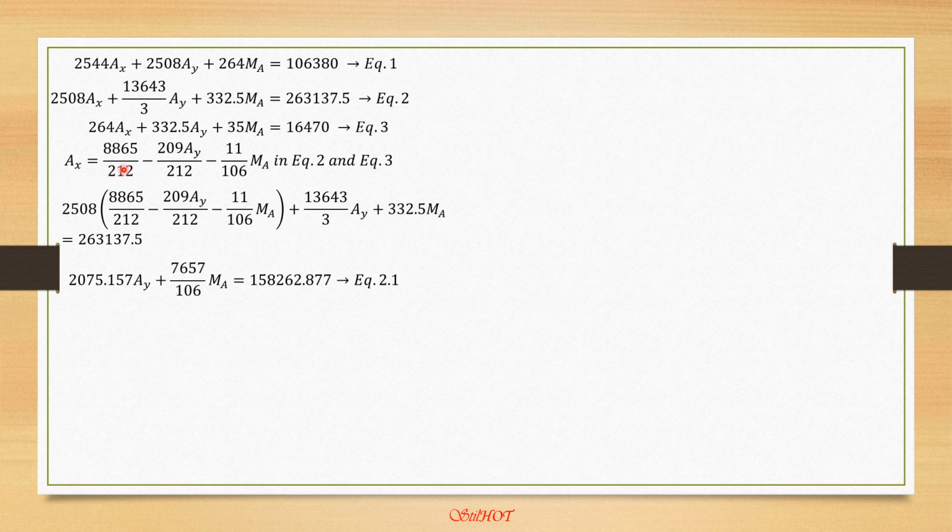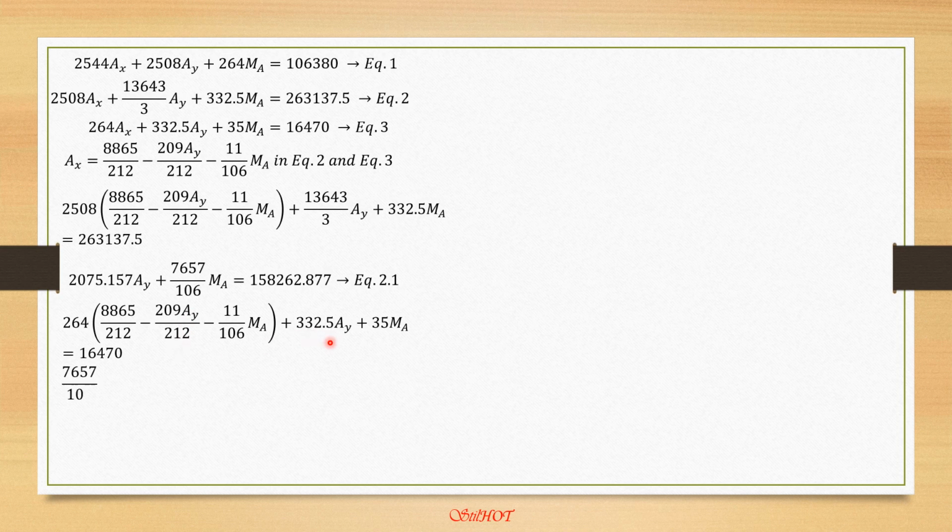Then the same value of AX into equation 3: 264 times 8865 over 212 minus 209 AY over 212 minus 11 MA over 106 plus 332.5 AY plus 35 MA equals 16,470. So again, we combine values for AY. We have 264 times negative 209 AY over 212 plus 332.5 AY.